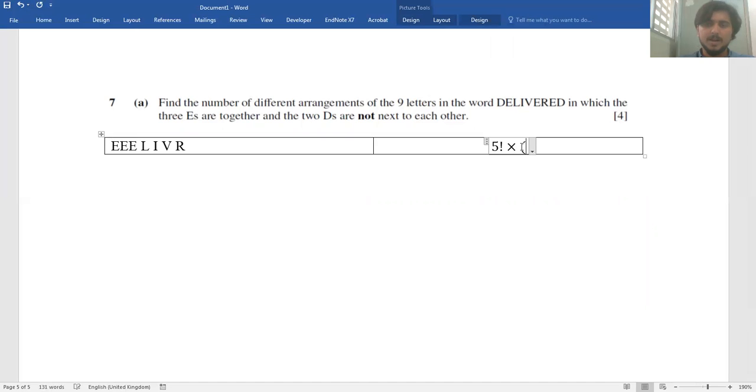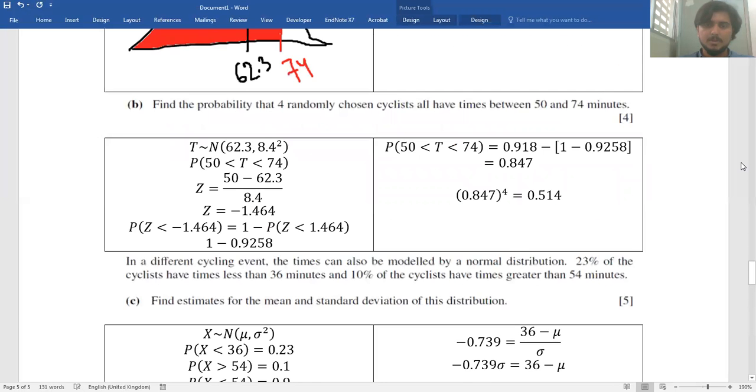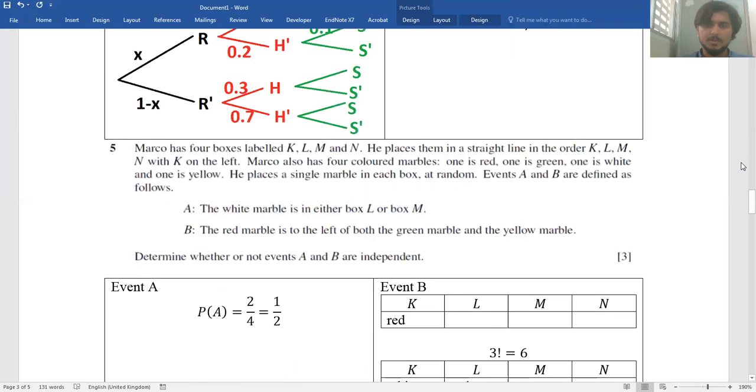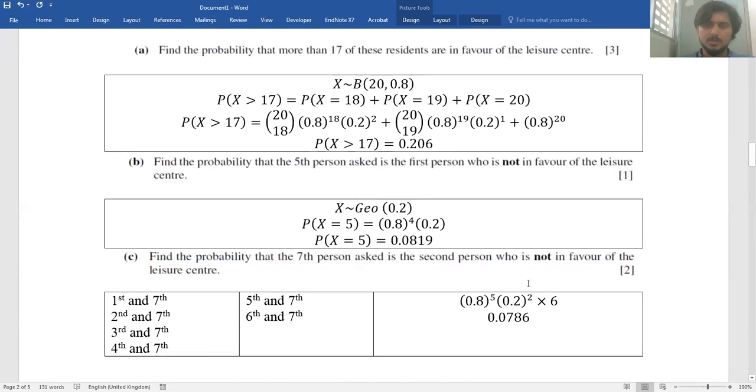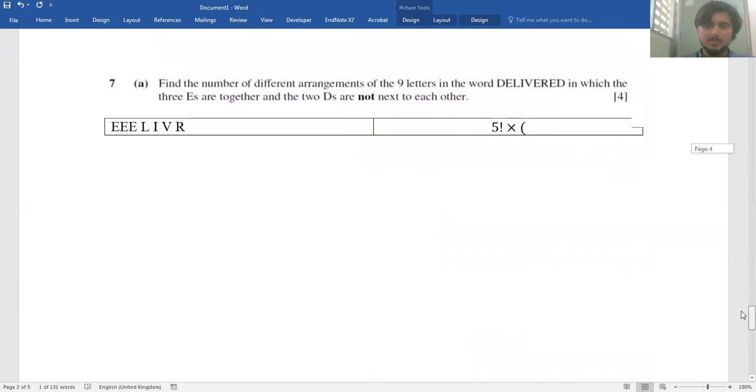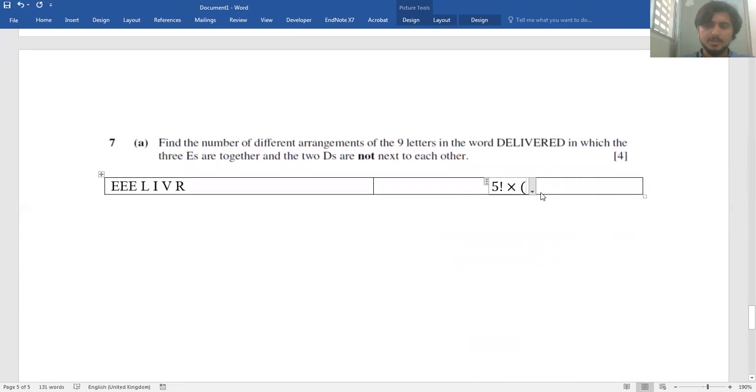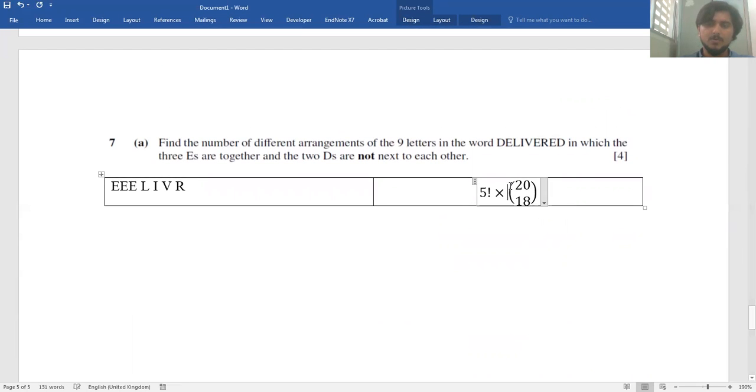So I'll just multiply it by 6C2. Because the D's are identical, I don't need to use permutations over here.